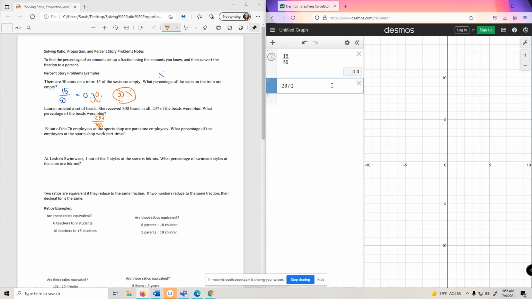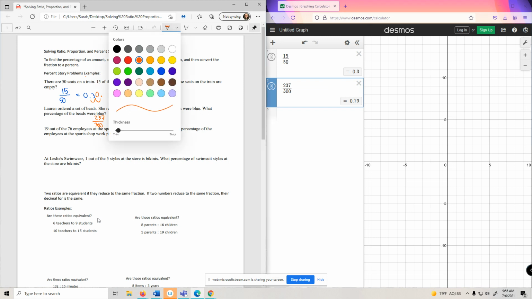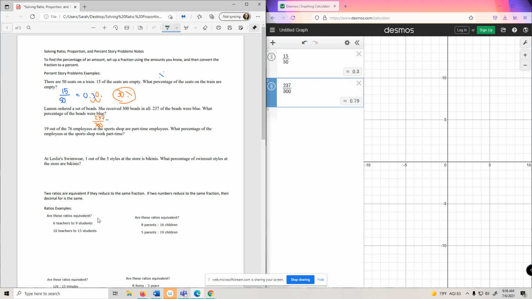To switch that into a decimal, we type the fraction into Desmos. And Desmos tells us that's the same as 0.79. Then we switch 0.79 to a percent by moving the decimal 2 places to the right. And so 0.79 is the same as 79%. So 79% of the beads were blue.